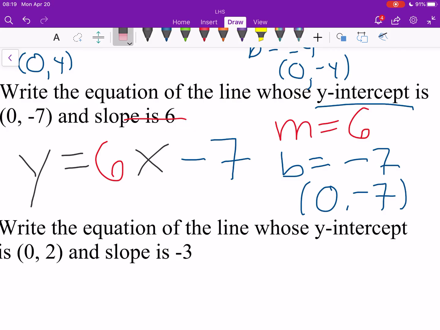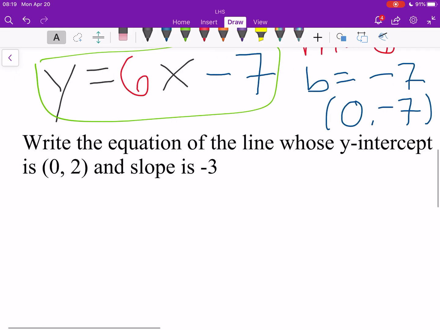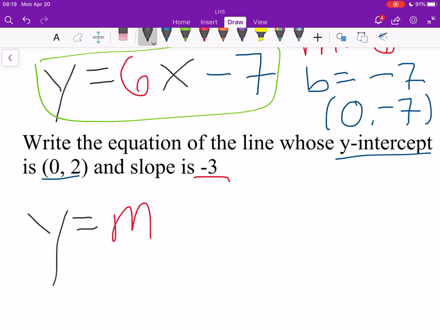Let's take a look at one more example here when we're writing a line. Write the equation of the line whose y-intercept is 0, 2, and slope is negative 3. Again, I'm going to copy the equation right here so I can see exactly what I need to replace. I need to replace a number for m, and I need to replace a number for b. We're going to keep y and x because those are our two variables that relate to each other here.